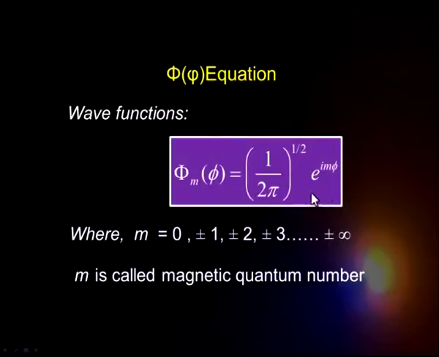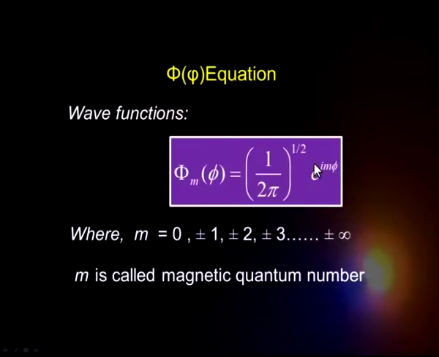How do we say that there are infinite solutions? Because we have a parameter called m, which is a quantum number. And this m has a value of 0, plus minus 1, plus minus 2, plus minus 3, up to plus minus infinity. If I put m equal to 0, I get one function. If I put m equal to plus 1 or minus 1, I get another one.